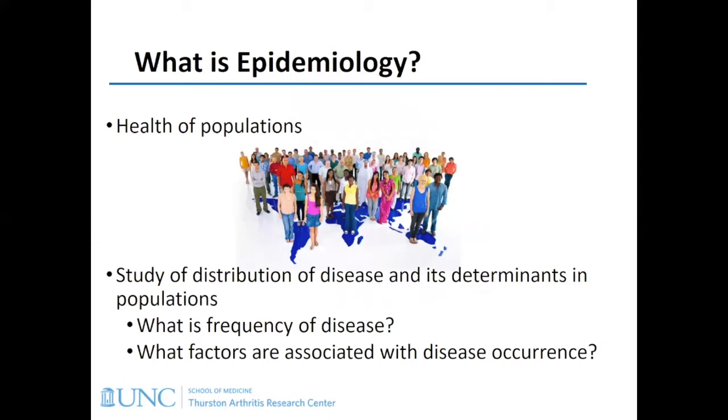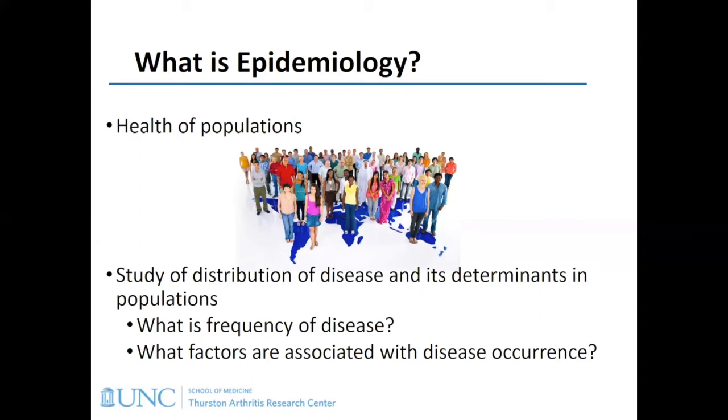What is epidemiology? What we're doing is we're looking at the health of a population. The population can be defined as a certain group of individuals we're looking at. It can be just a community. It can be a clinical sample that we're interested in. The main point of what we're trying to do in epidemiology is figure out how frequent a disease occurs.